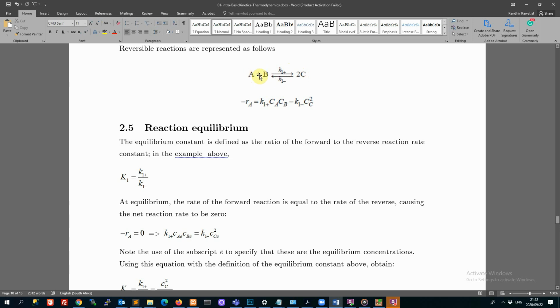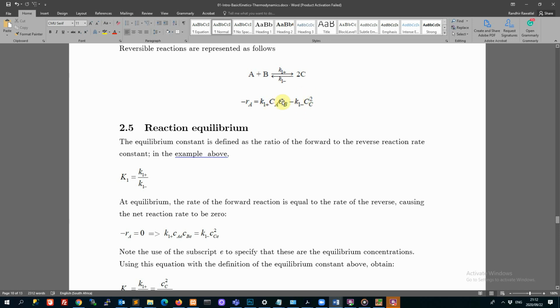But as more A and B get converted to C, the leftover amounts of A and B will go down, and that means this term gets smaller overall. And as you convert more A and B to C, this term goes up, so this term gets bigger.